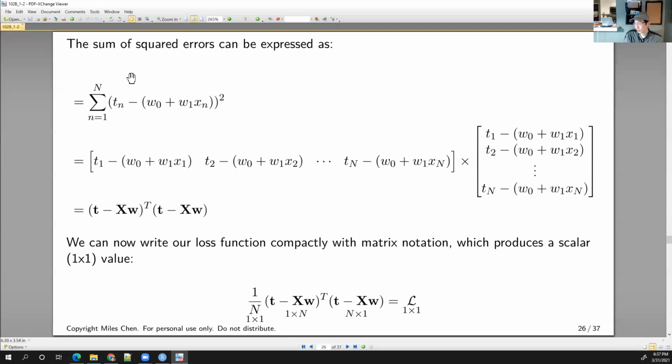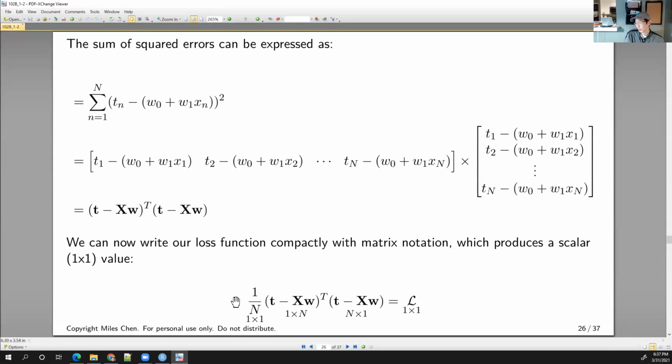So this whole summation, the sum of squared errors, can be expressed as T minus XW transpose, to turn it into a 1 by n row vector, multiplied by T minus XW, the n by 1 column vector. The dimensions align, and we get a 1 by 1 scalar.